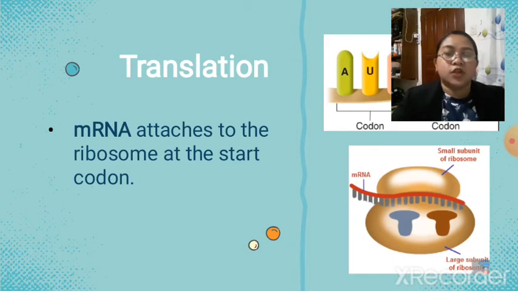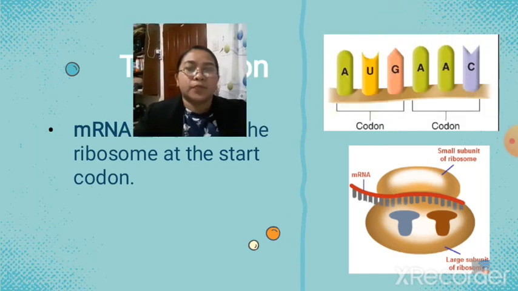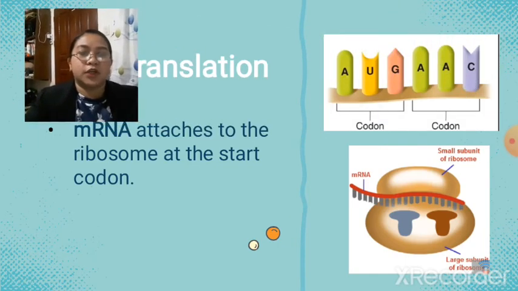So, as you can see in the picture right here, each codon specifies a particular amino acid, though one amino acid may be coded for by many different codons. Although there are 64 possible codons, or triplet bases, in the genetic code, only 20 of them represent amino acids.